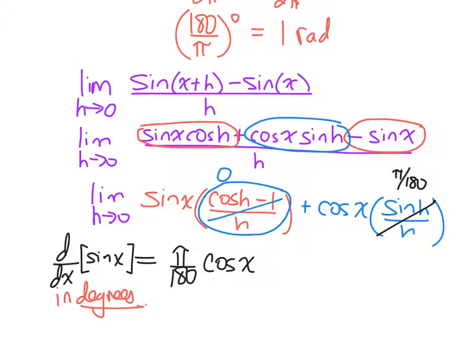I don't think anything else was really adding more to it than that. Because this says basically do the same thing again with cosine, but it's going to essentially give us the same idea. So when you take the derivative of a trig function in degree mode, there's also the multiplier of pi over 180 that needs to be accounted for.